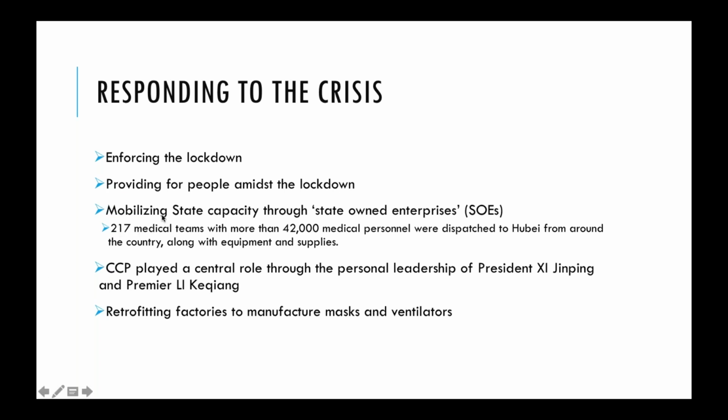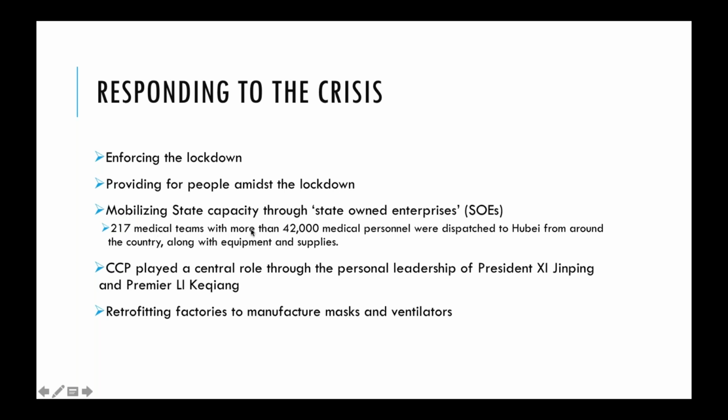Another point about the whole response is how they were able to mobilize the state capacity, especially through state-owned enterprises. That's a term often used in China, but you can think of them as like public sector undertakings here in India. And once the centralized system decided to mobilize and enforce the lockdown from around the country, here is an example.